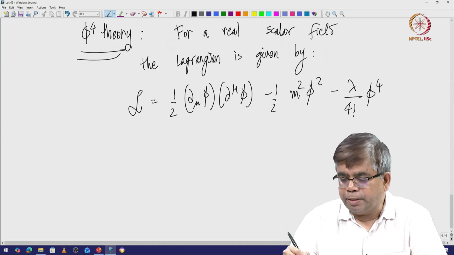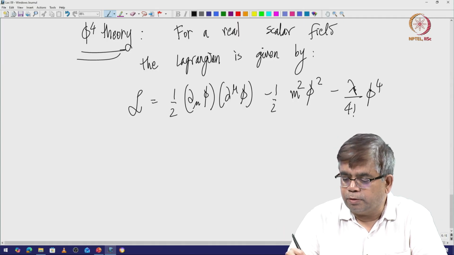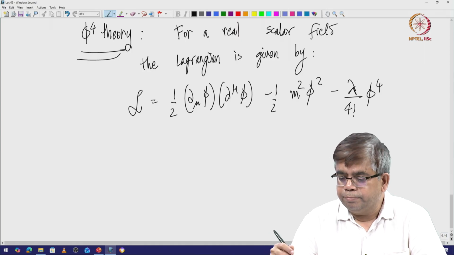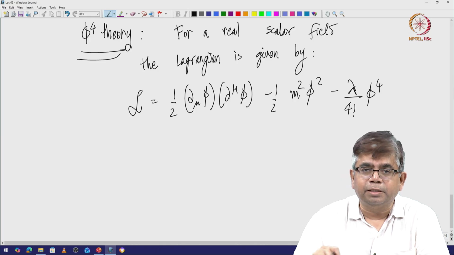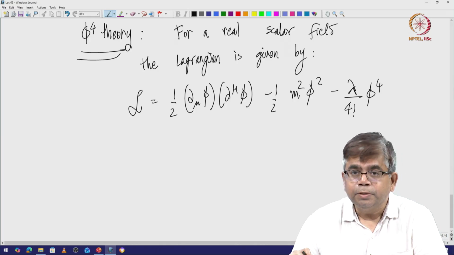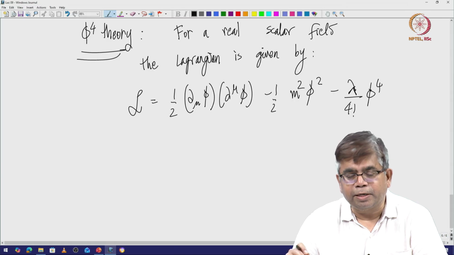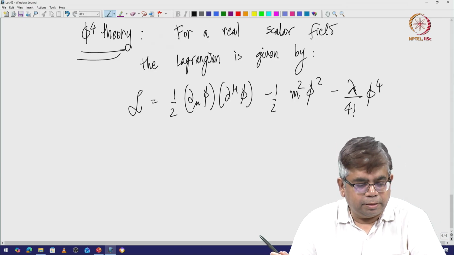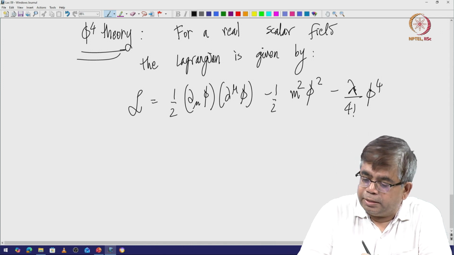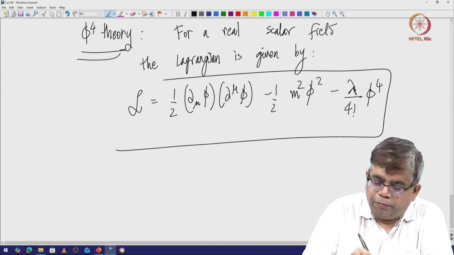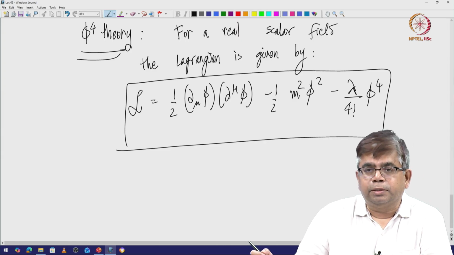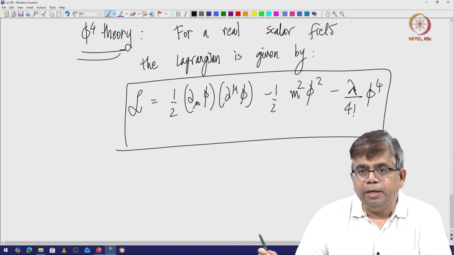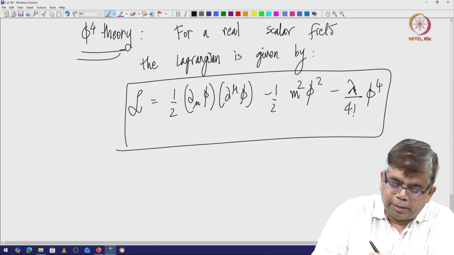I just leave it as lambda essentially. So until now I was calling it lambda 4 by 4 factorial, phi to the 4, okay. The half factors I already explained to you, and the 4 factorial is some symmetry factor which we will see in some time essentially. So this is the Lagrangian. Now we want to study this Lagrangian using the interaction picture essentially. We call it the interaction picture.